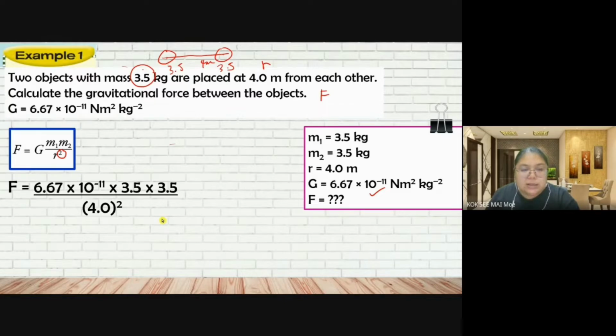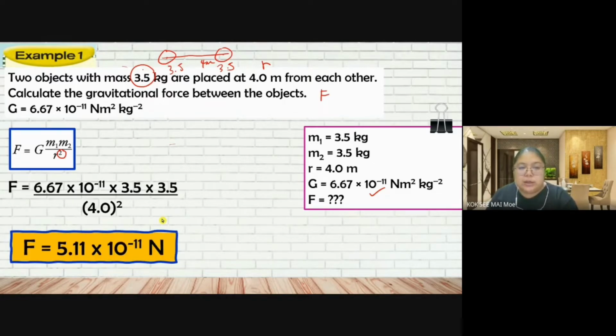So finally, I just show the answer. The answer is too long, you no need to write it too long. You can write 2 decimal points, then answer in standard form. I get it like this: 5.11, maybe behind got so many digits, so I just put 2 decimal points. After that, I put standard form times 10 power of negative 11. Don't forget the unit, because you find the gravitational force, it's still a force, so we're still using Newton.